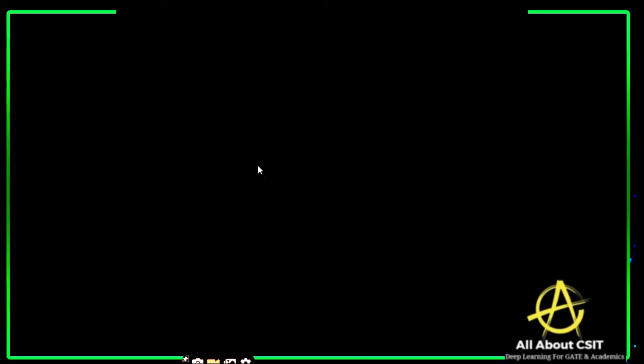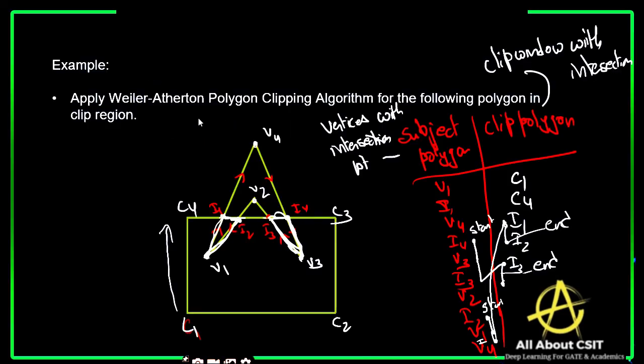Let's check. The first one is I4, V3, I3 and then I4.